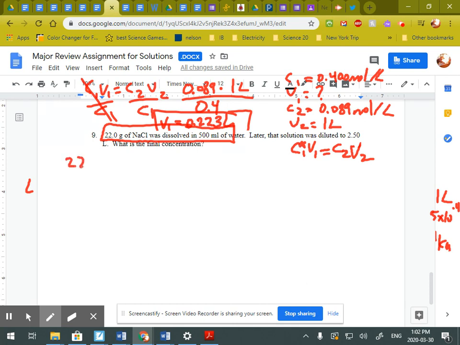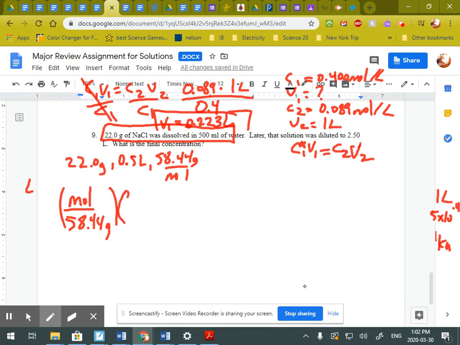So listing what we know, we got 22 grams of salt, we got 0.5 liters of water, and what goes with mass? Molar mass. Okay, that gets me 58.44 grams per mole. Okay, now I need to get concentration. So mole over 58.44 grams, times 22 grams over 1.